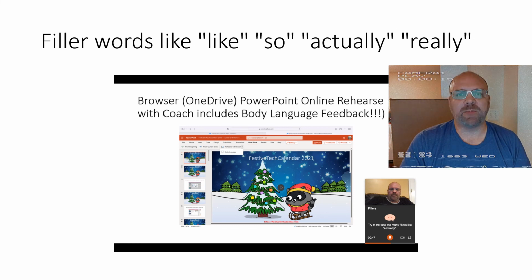Here's another example that I found of actually, really, all sorts of crutch words that we use and don't need to be there in the spoken words we choose to use.